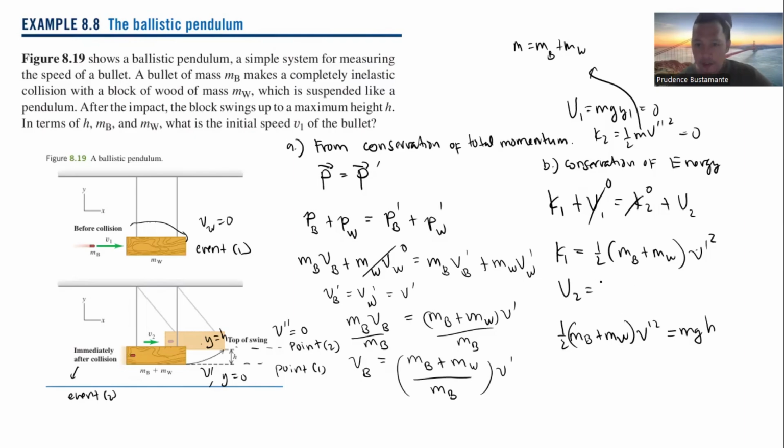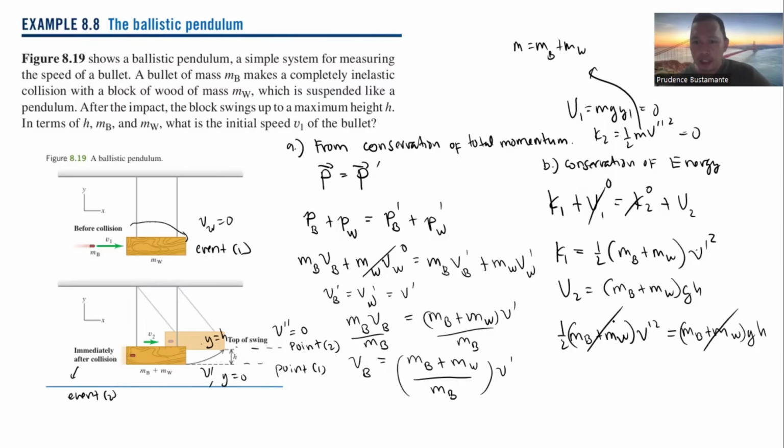So the m is m_B plus m_W, times g times h, because now the wood and the bullet are stuck together.